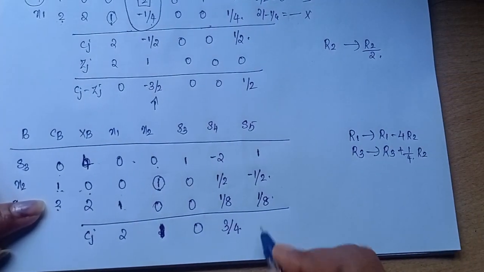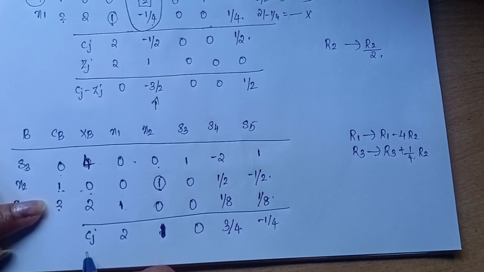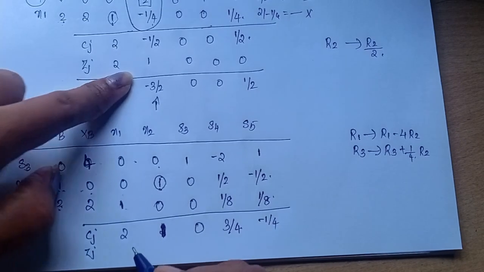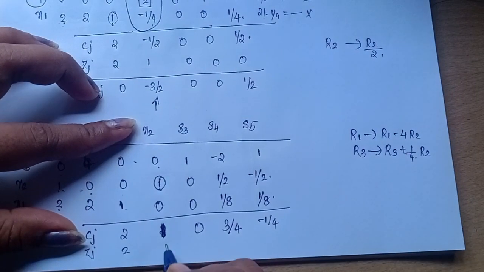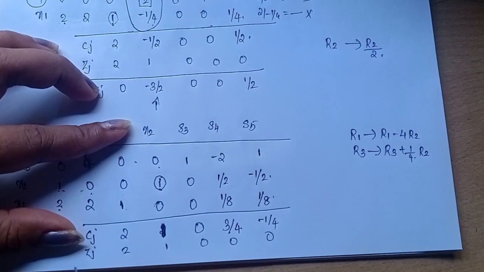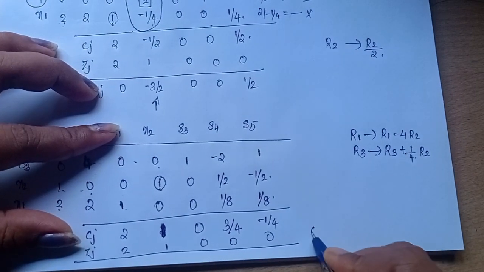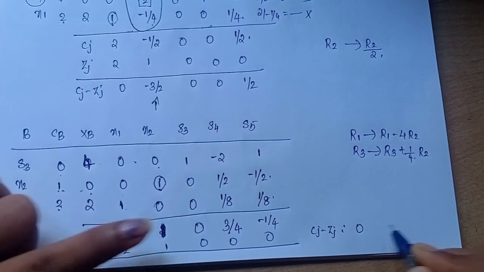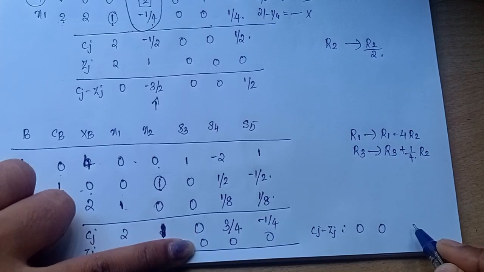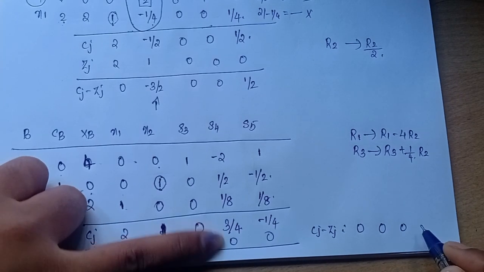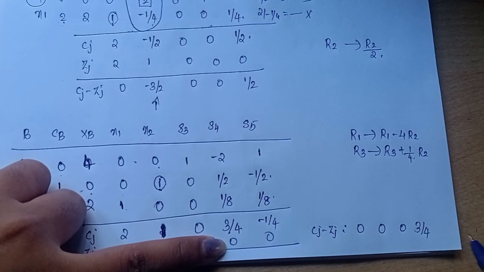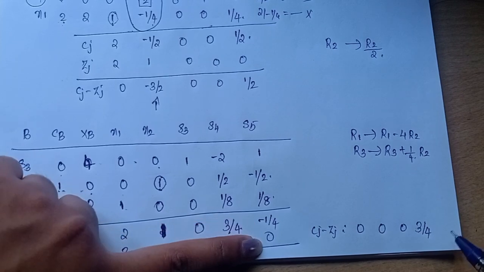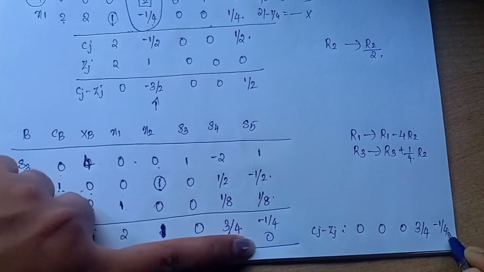Now Zj. Zj's are 2 1 0 0 0. So what is Cj minus Zj? 2 minus 2 0, 1 minus 1 0, 0 minus 0 0, 3/4 minus 0 3/4, and here minus 1/4 minus 0, that is minus 1/4.